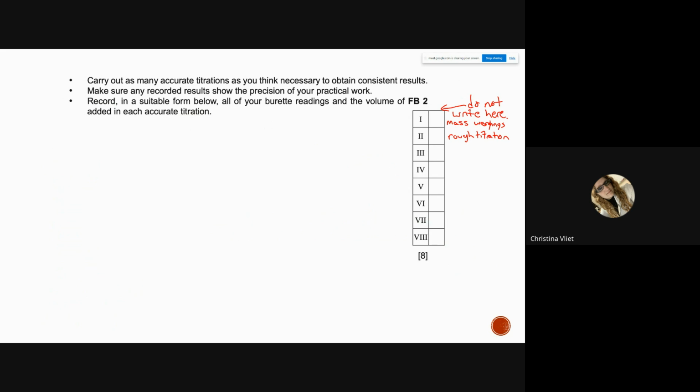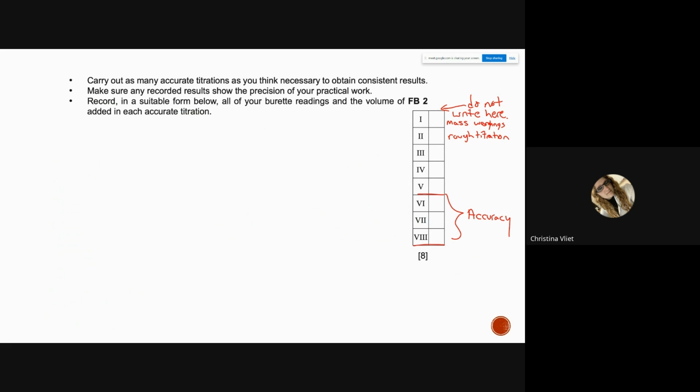The easiest marks, or the hardest marks, depending on how you look at it, are marks 6 through 8. These are your accuracy marks. Meaning, how can you control accuracy?